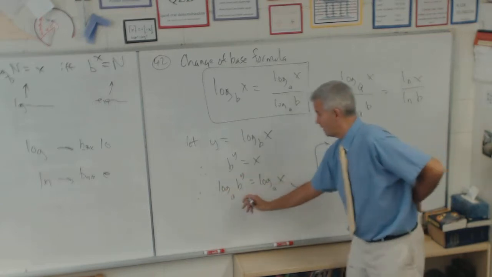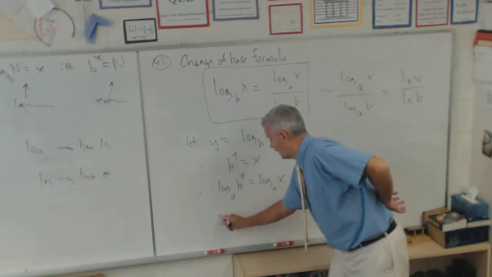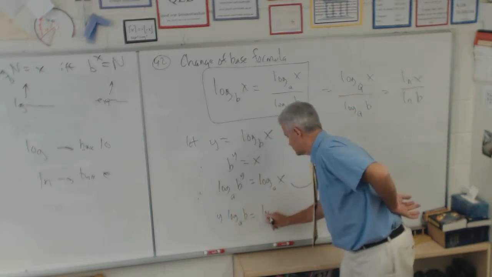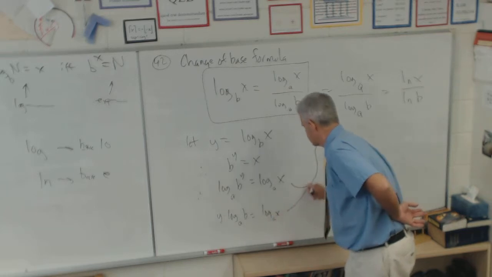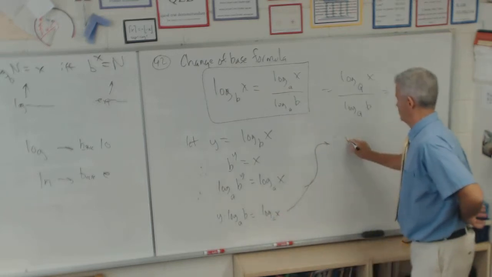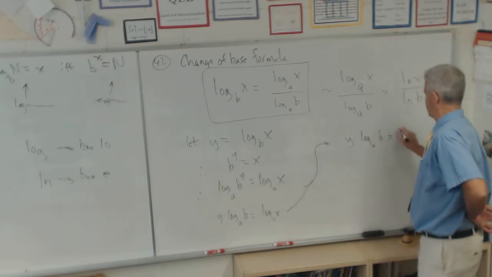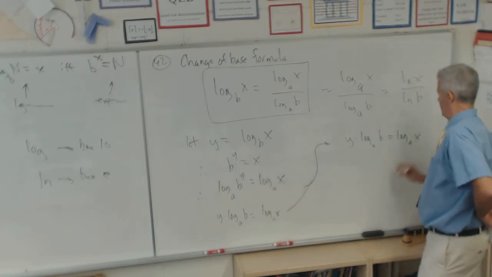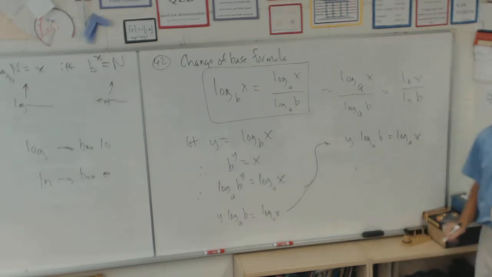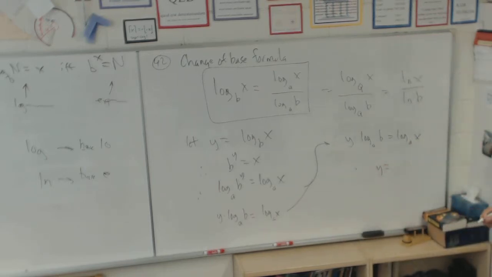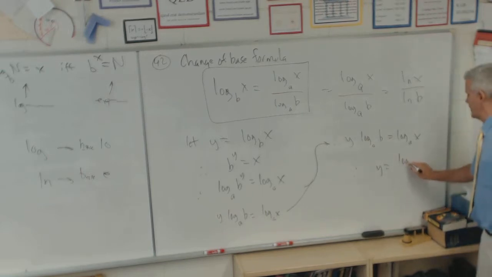So y times the log base a of b is the log base a of x. So then what, Peter? We divide by what? Divide by log base a of b.